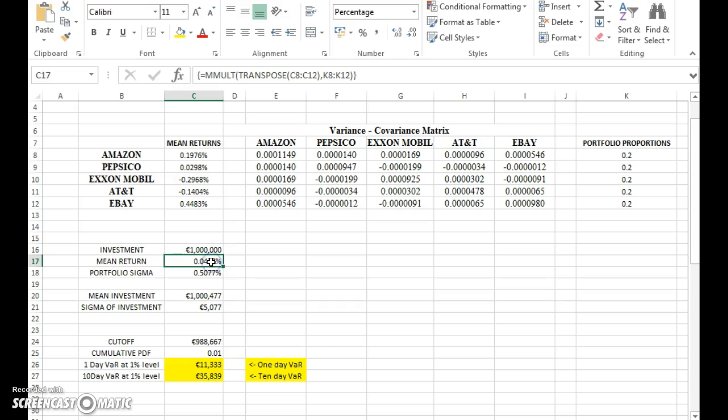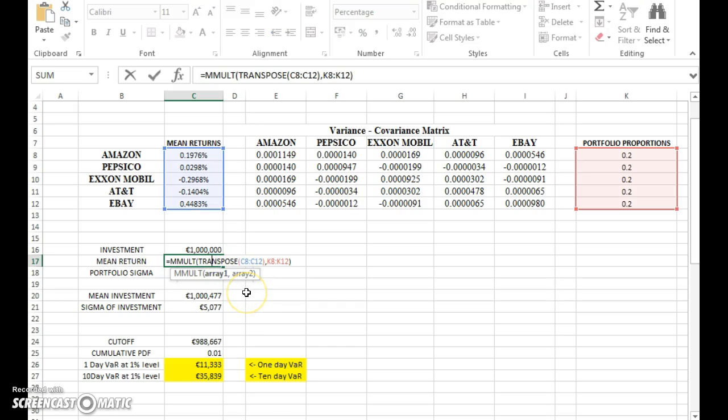To get the returns on the portfolio, we simply get the matrix product of the transpose of the mean returns and the portfolio proportions.